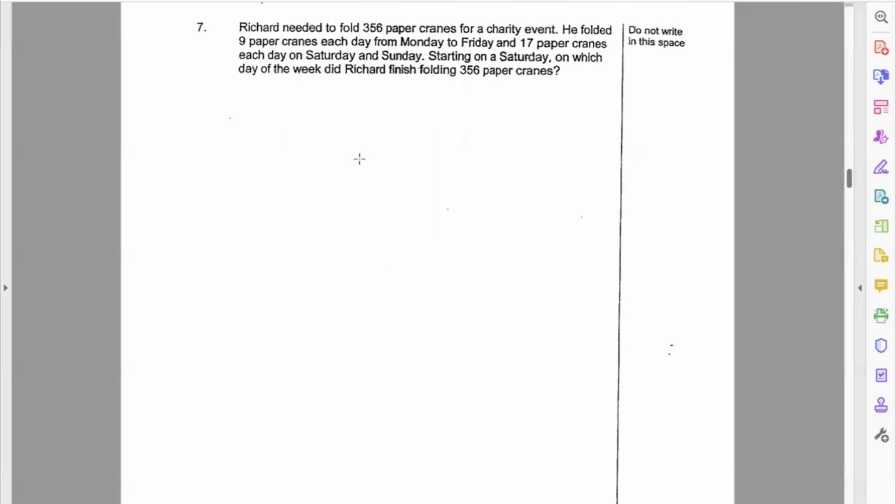Starting on a Saturday, on which day of the week did Richard finish folding 356 paper cranes? Okay, so we have Saturday, Sunday, each 17 paper cranes. Then for the rest of the week, Monday to Friday, it is 9 each day.